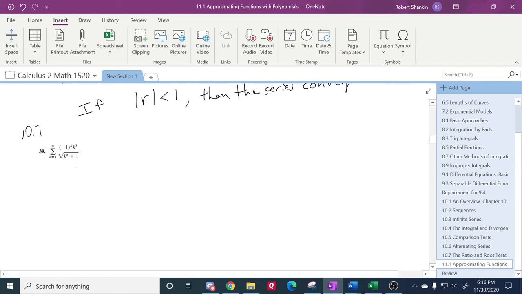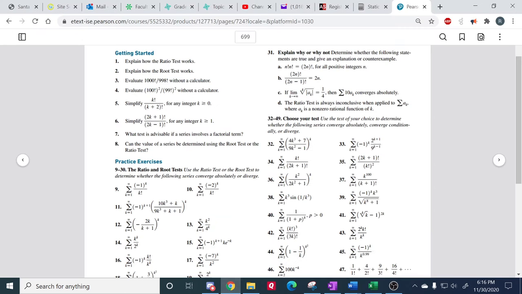Okay, and the directions were choose your test, use a test of your choice, determine whether they converge, and I also want you to say whether they converge absolutely, converge conditionally, or diverge.